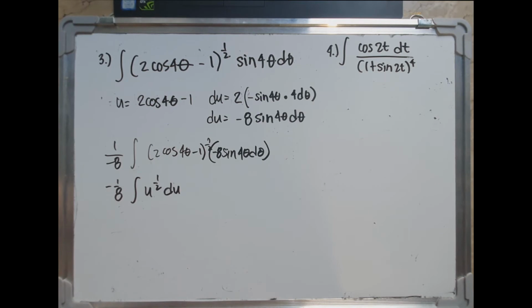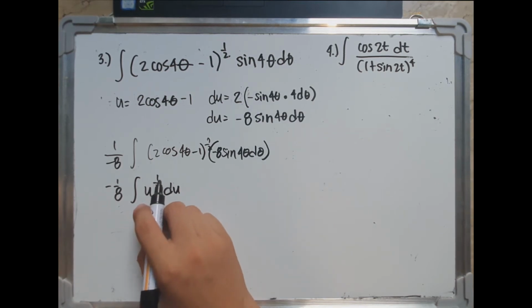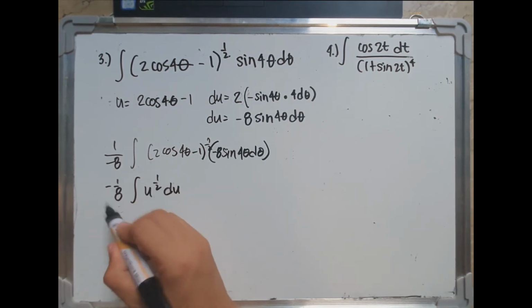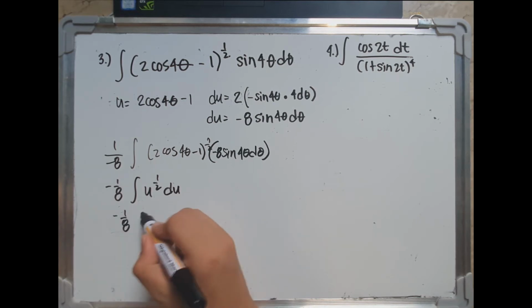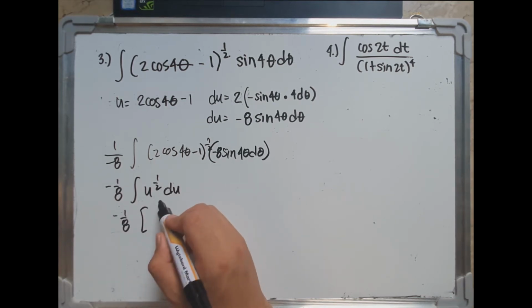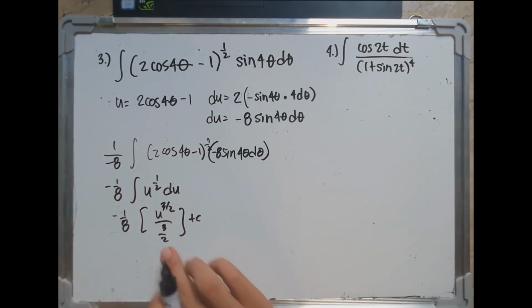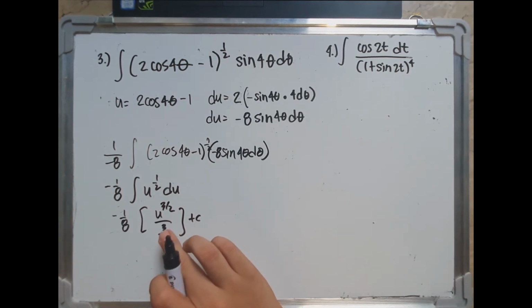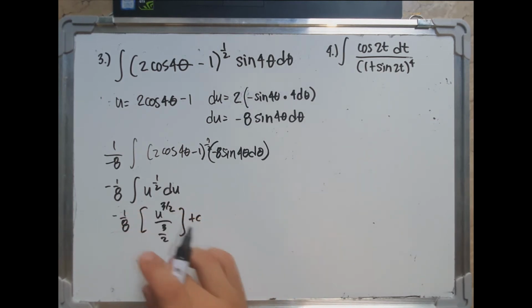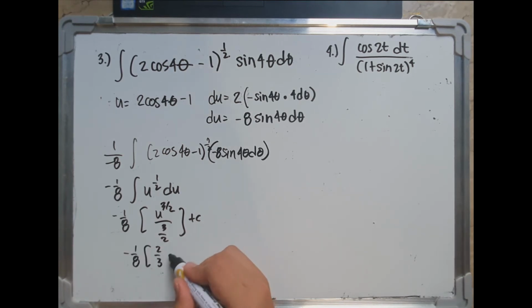So, integral of u raised to the power of 1/2: 1/2 plus 1 is 3/2. So, negative 1 over 8 times u raised to the power of 3/2 over 3/2 plus c. Taking the reciprocal of 3/2, this will become 2/3. So, negative 1 over 8 times 2/3.